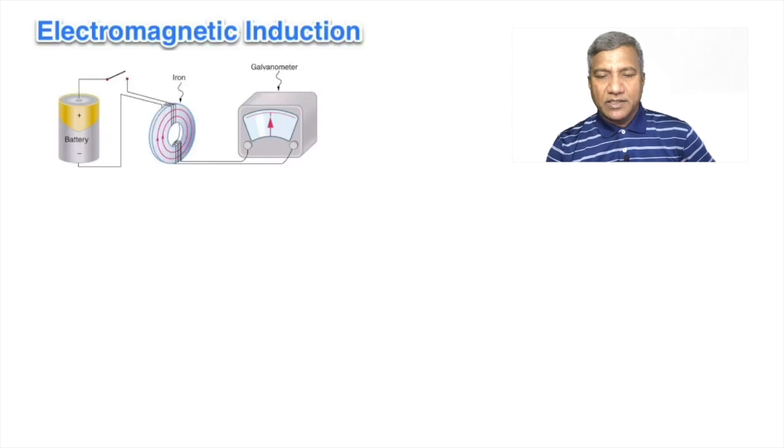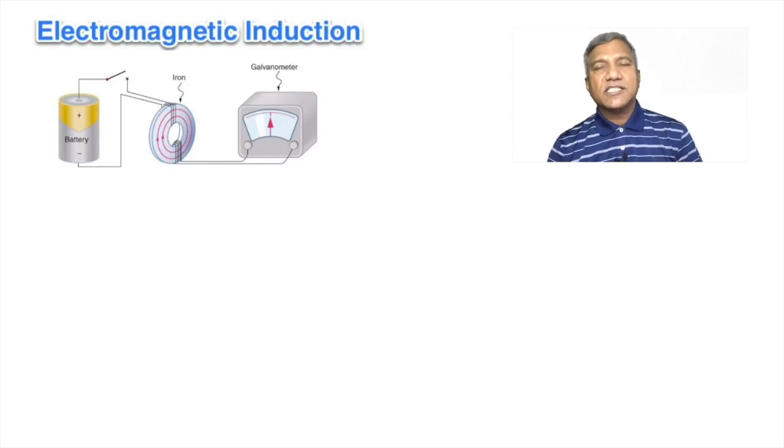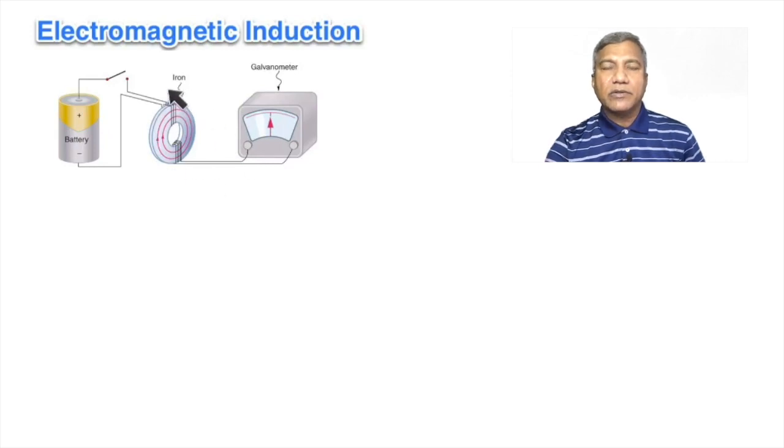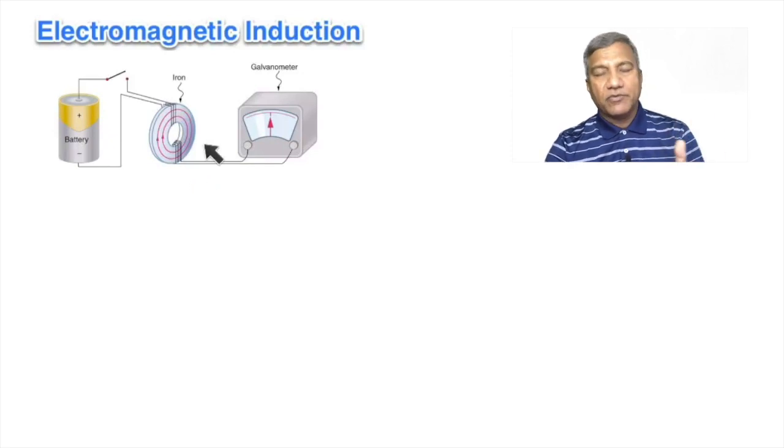So here is a circuit or an arrangement to demonstrate electromagnetic induction. This experiment was actually done by Faraday, and it consists of an iron core, and on top of the iron core there is a coil, and this coil is connected to a battery through a switch. But at the bottom of the iron core, there is another coil that's connected to a galvanometer.